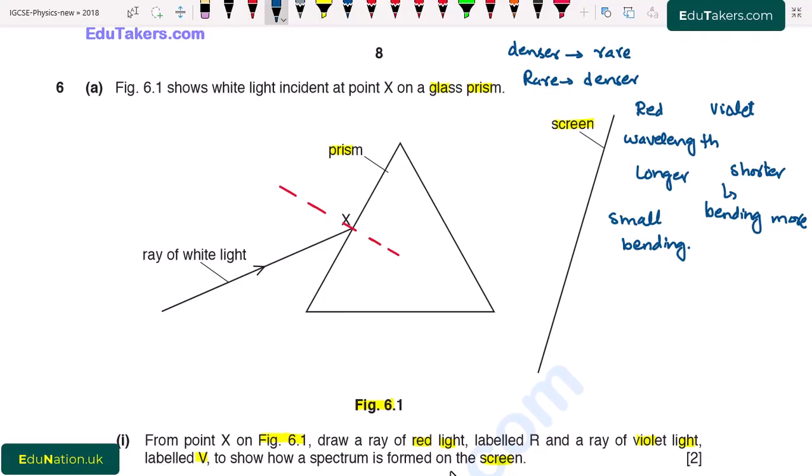So when the ray of light goes from rare to denser medium, it will bend towards normal. But if the ray of light enters from denser into rare medium, it will bend away from normal.